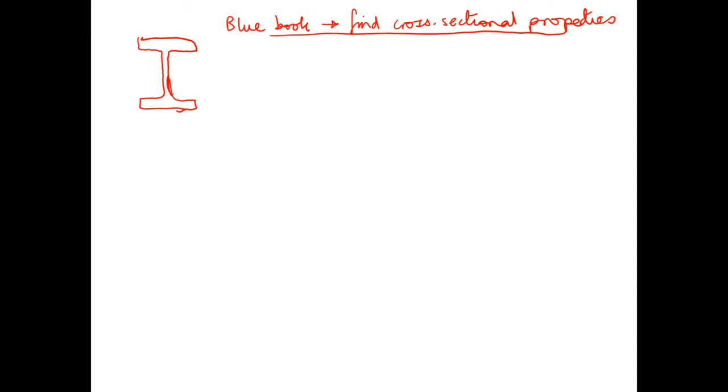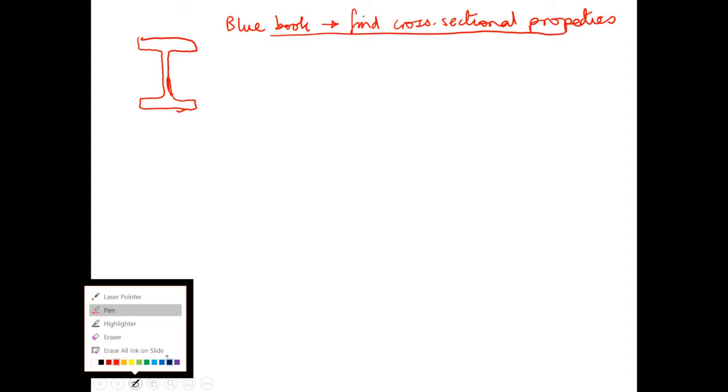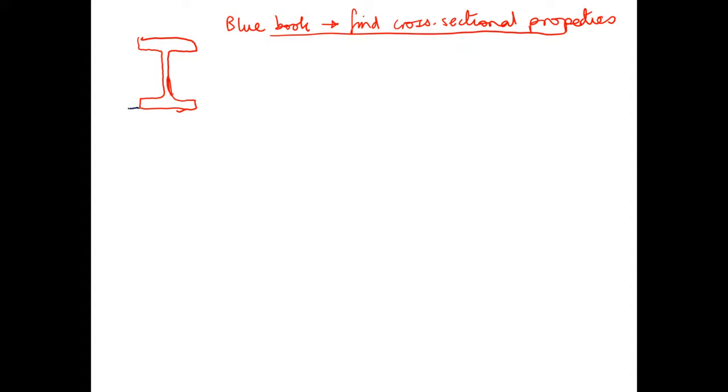So what are the cross-sectional properties that we need? We need the overall height of the section. We go to the blue book, we can look it up, and we get 355.6 millimeters.